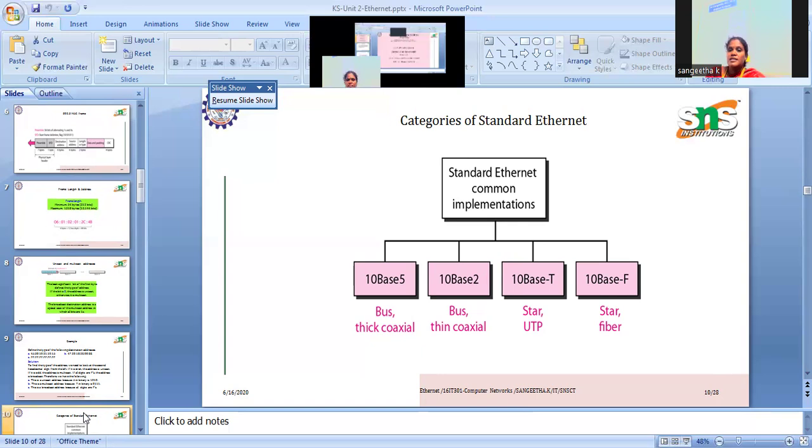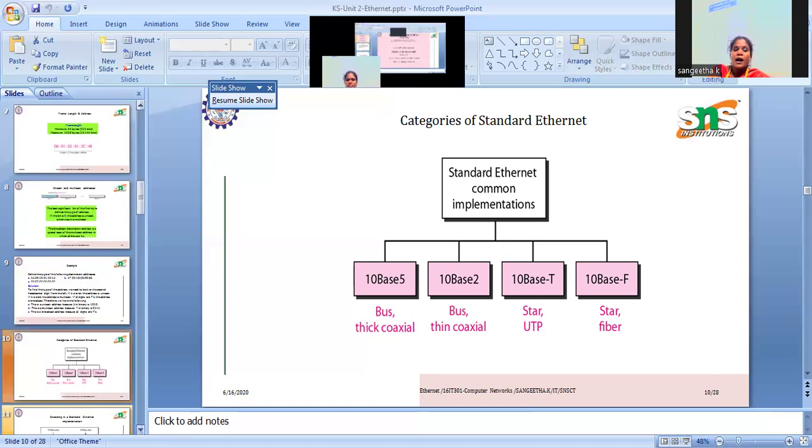The second one is 10Base2. Here 10 is 10 megabits per second baseband signal, and the 2 refers to the cable length, so thin coaxial cable is used. Then 10BaseT uses unshielded twisted pair cable, and it is mainly used in star topology. 10BaseF uses fiber optic cable.